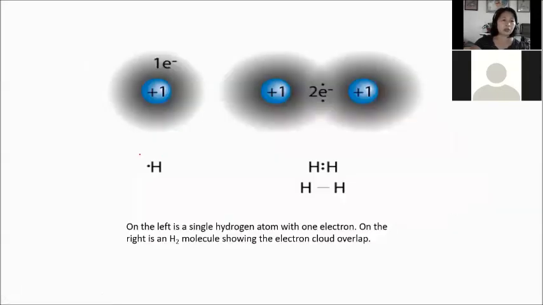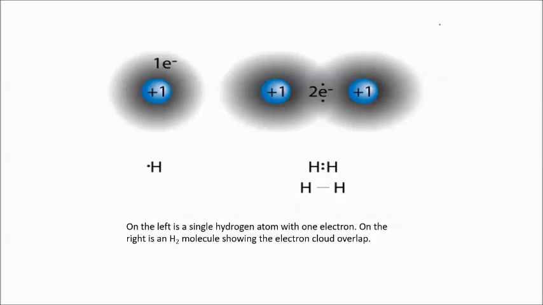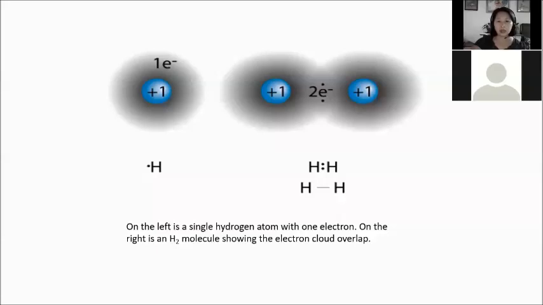Okay, this is the example: one hydrogen atom and another, and you can use dots or a dash. So this is the H2 molecule.